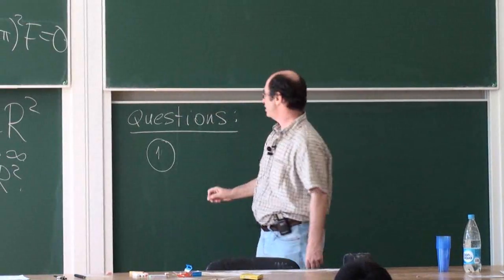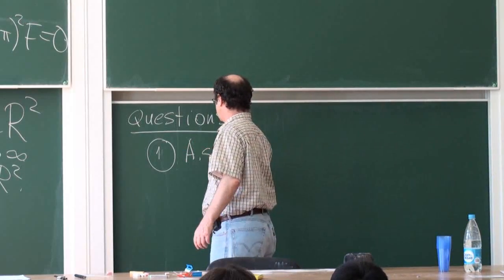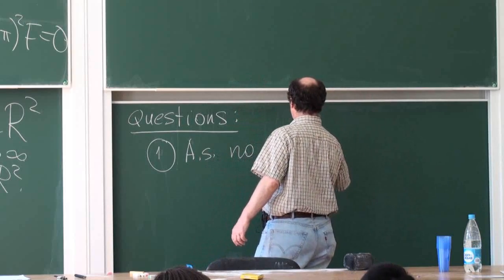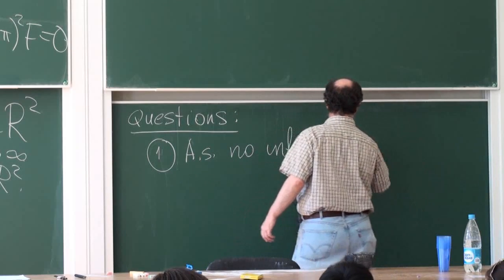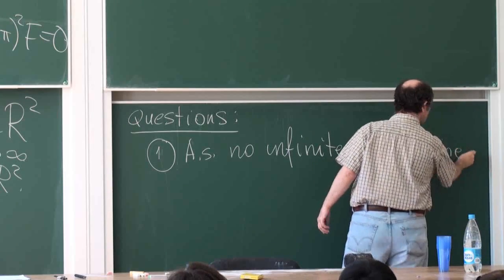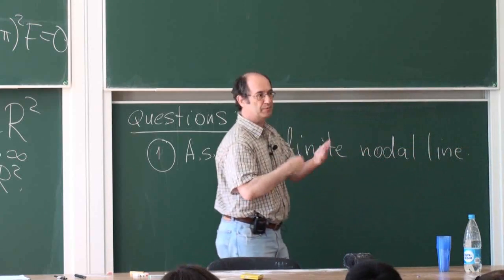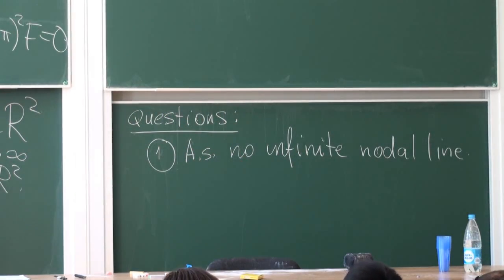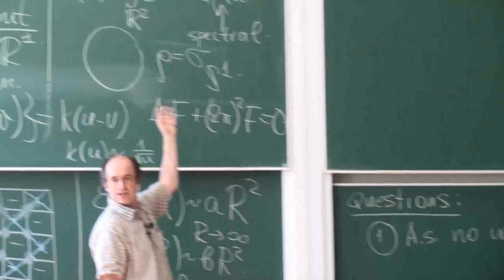The first question is that almost surely there is no infinite nodal line, or zero line. Nodal means zero, for people who are working with Laplace eigenfunctions. If the covariance were positive, this is known.